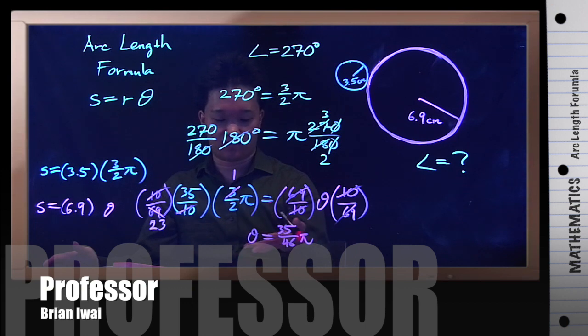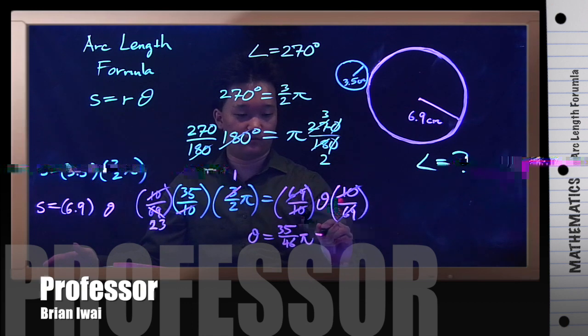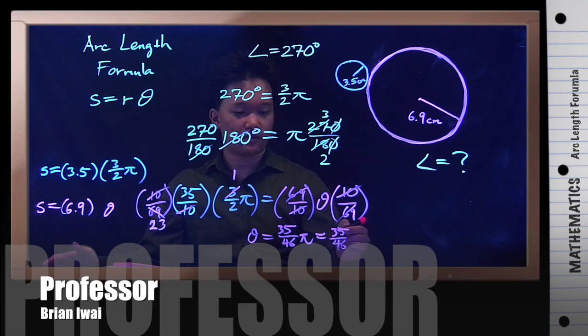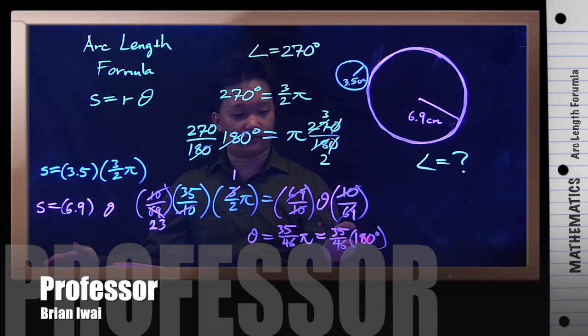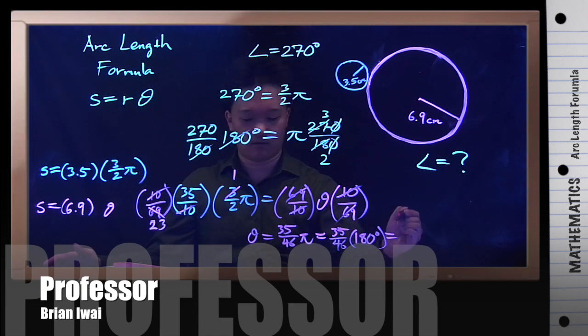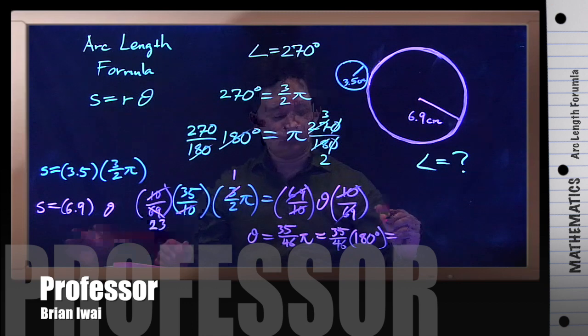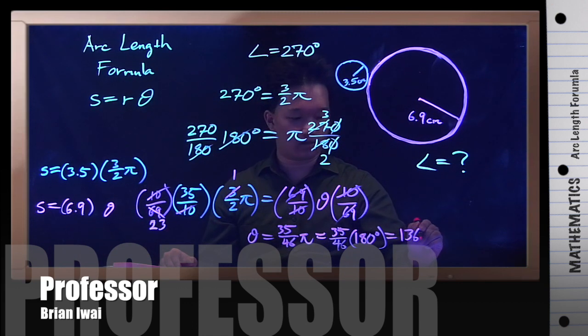But the question is asking for the answer in degrees, so we have to convert this to degrees. Pi is equal to 180 degrees, so I'll replace pi with 180 degrees. If you plug 35 divided by 46 times 180 into a calculator, you get 136.9565 and more digits after that.